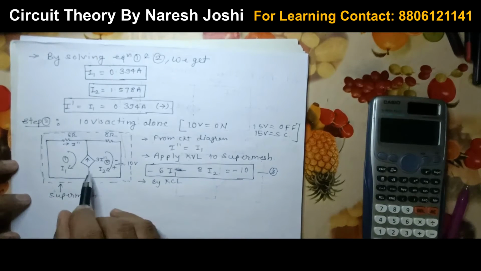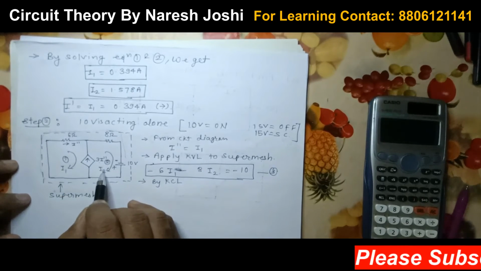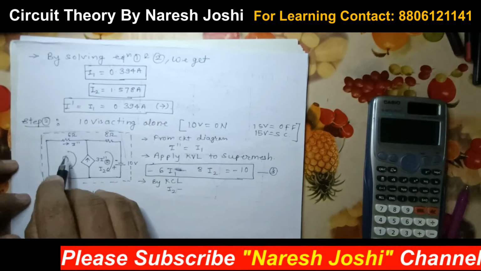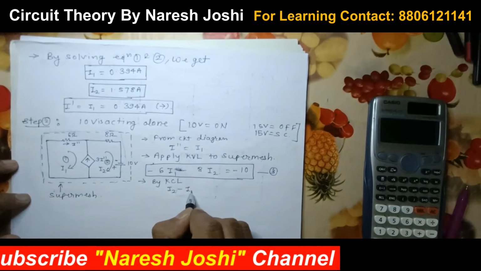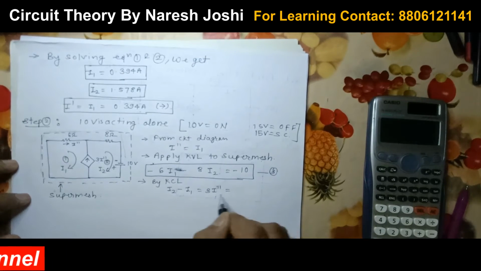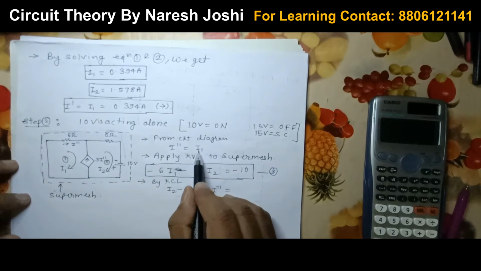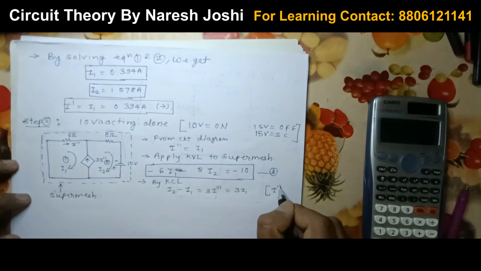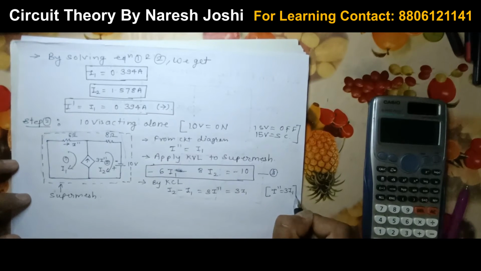As I told you, we have to check the direction of this dependent source. Here you can see the current source direction is upward, so this direction is matched with I2. So first I will write I2 here, and then opposite current is I1, so I will write here I1, and it equals 3I double S. What is the value of I double S? I double S equals I1. So I will put here 3I1. Clear?